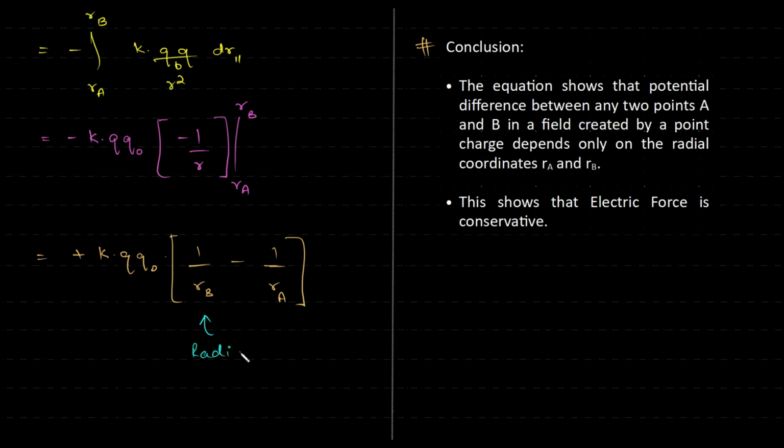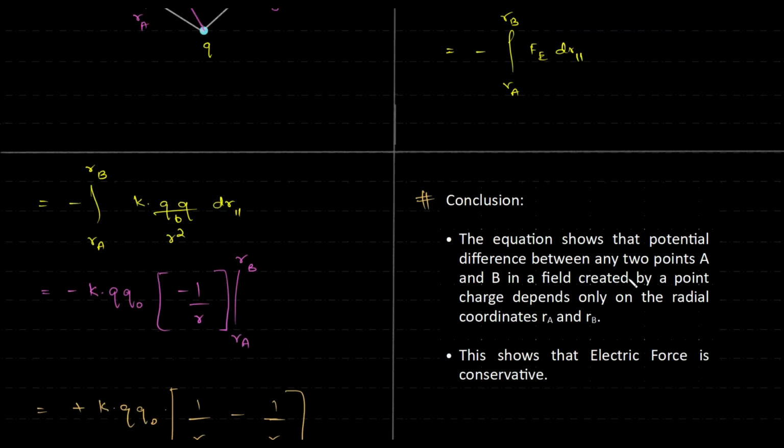Radial means related to radius, is it not? Radial coordinates actually. So your radial coordinates, RA and RB. This shows that electrical force is conservative. Very simple derivation.